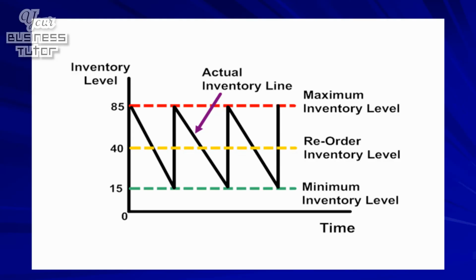The diagram shown indicates that inventory control management is fairly straightforward as long as stock sells at a constant rate, as shown by the black actual inventory line. However, in reality, how much and the rate at which inventory sells can be a little less predictable, as can the timing of supplier deliveries.